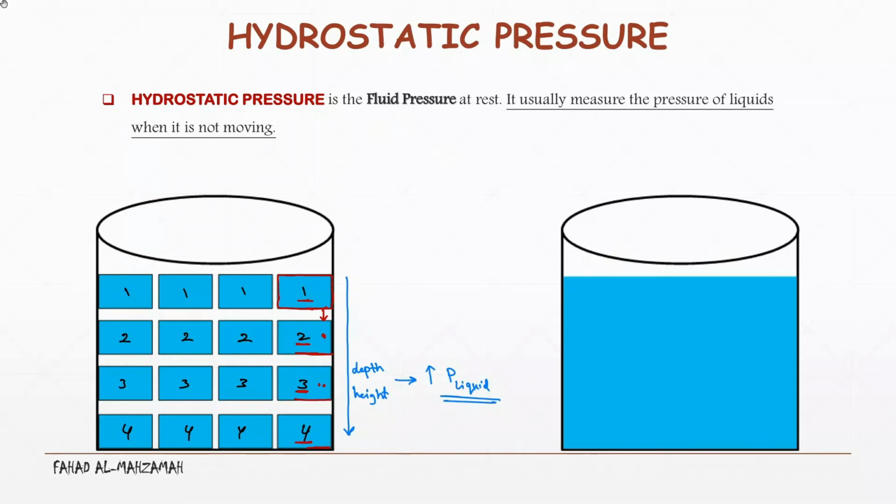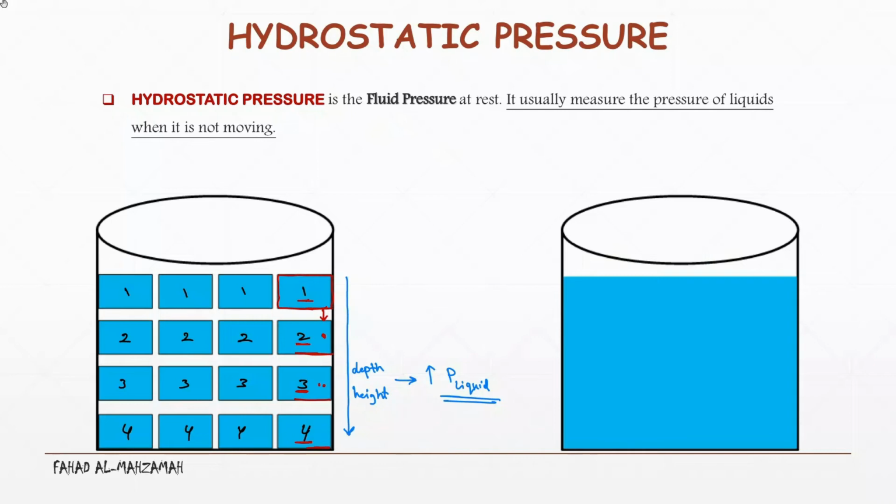Is that clear? So as we go down, the pressure increases. Why is that? Because the bottom molecule is exposed to all the top molecules, while the top molecule is not exposed to any pressure from the bottom ones.